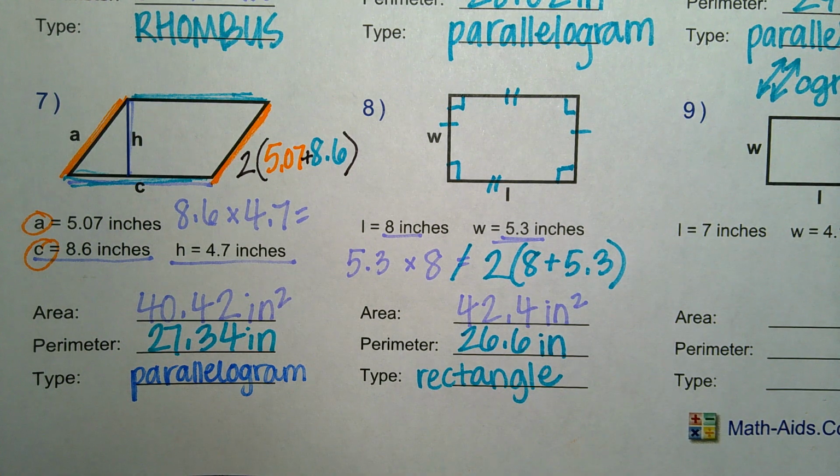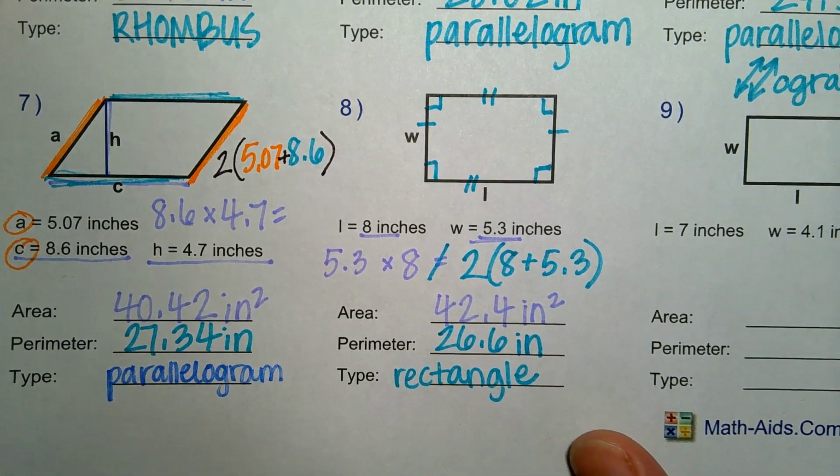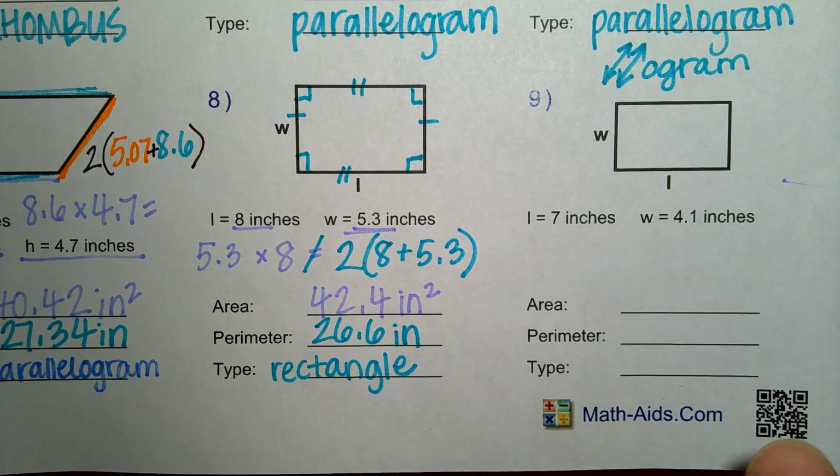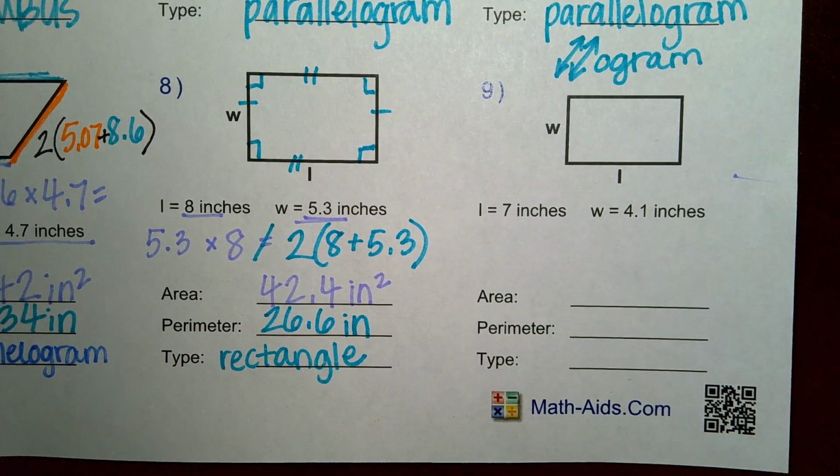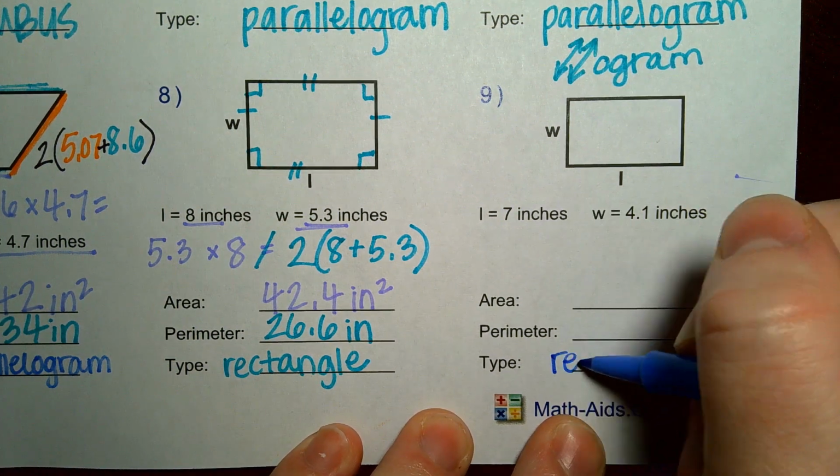Okay. We are almost done. To the last one. Rectangle. Another rectangle. Perfect.